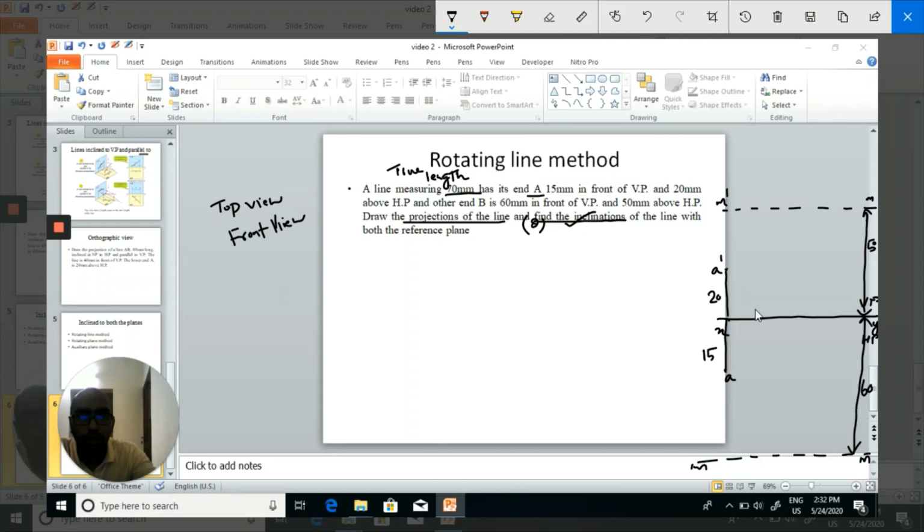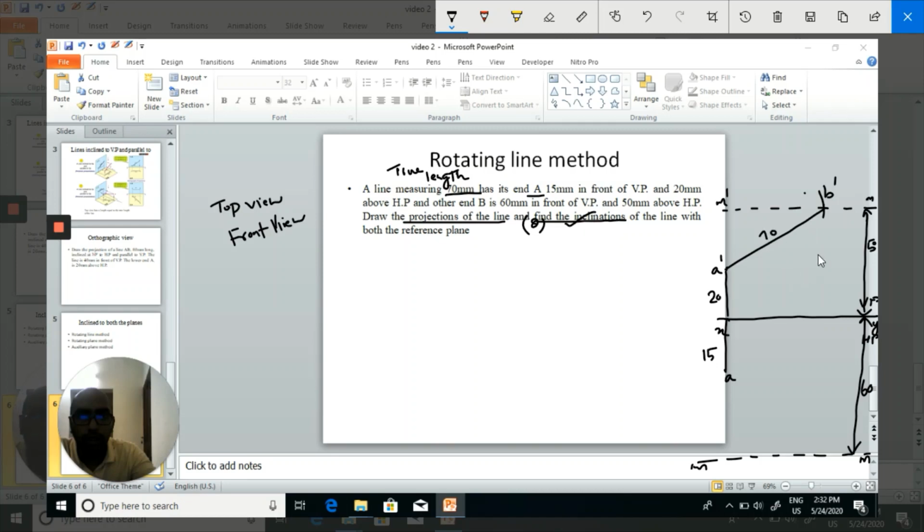Now from A dash take 70 mm and cut an arc on M dash M. Join A dash and that point. So that will be B dash. This is 70 mm.